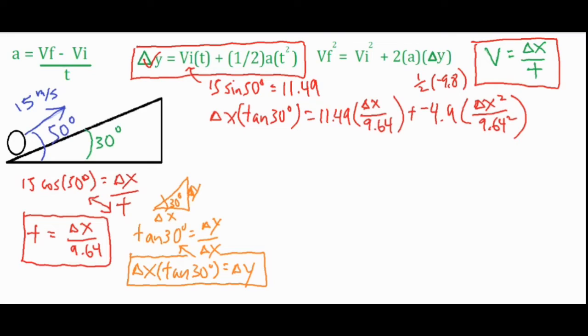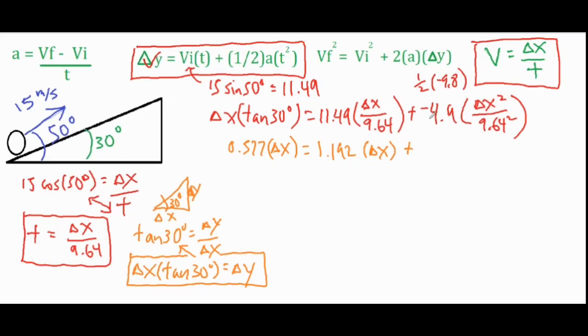Okay, so now we are actually all set up to find an important unknown variable, which is delta x. The way that's going to work out is you can simplify it a little bit. We can say the tangent of 30 is about 0.577, and we'll make that the coefficient in front of that delta x. We can take the 11.49 and divide it by 9.64, and that'll give us about 1.192, and that'll be the coefficient in front of this delta x.